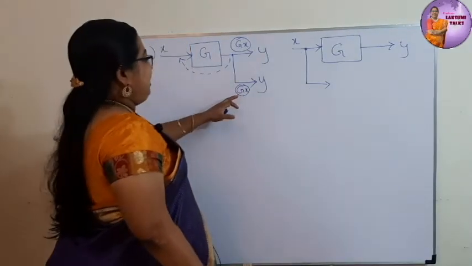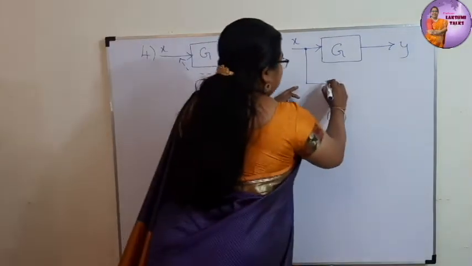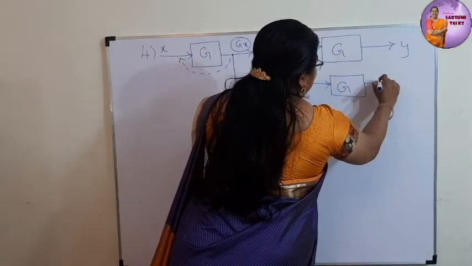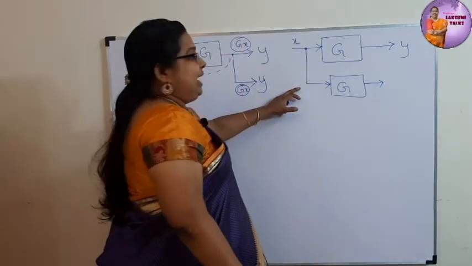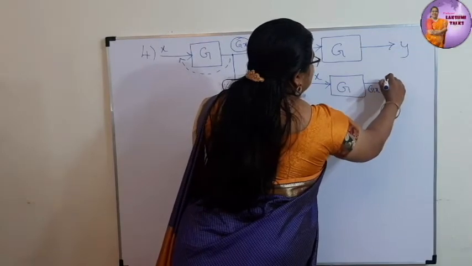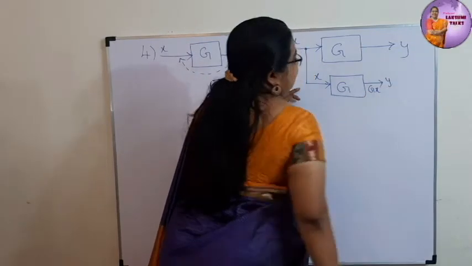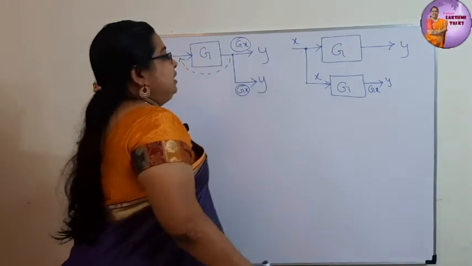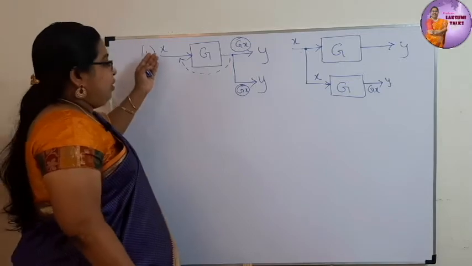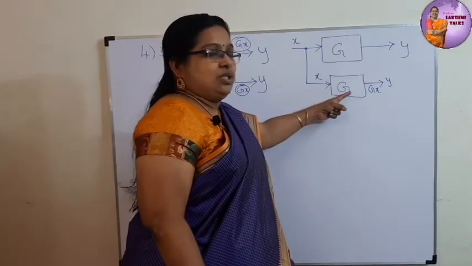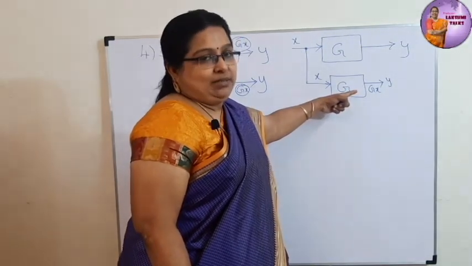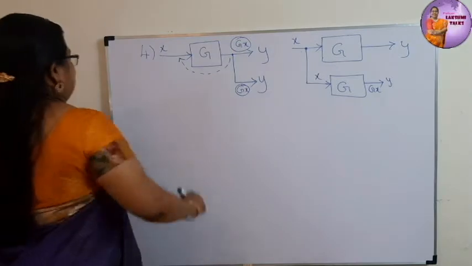But what we need is gx. So what should we do? We have to multiply it with the block g so that we get the same gx, which is nothing but y. So this is the rule: whenever you are moving the takeoff point before the block, you have to introduce the same block in the takeoff path.